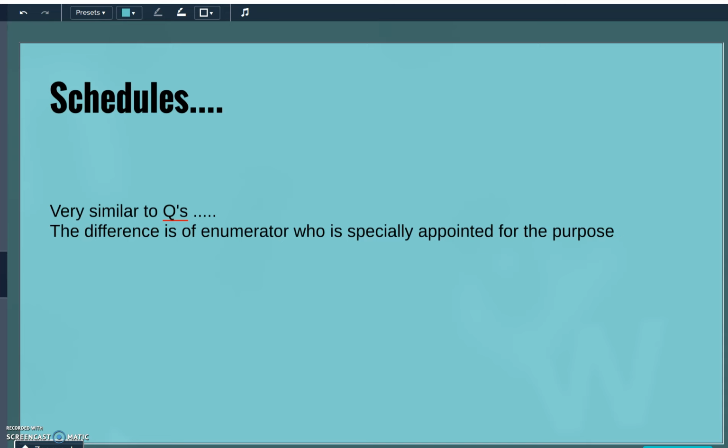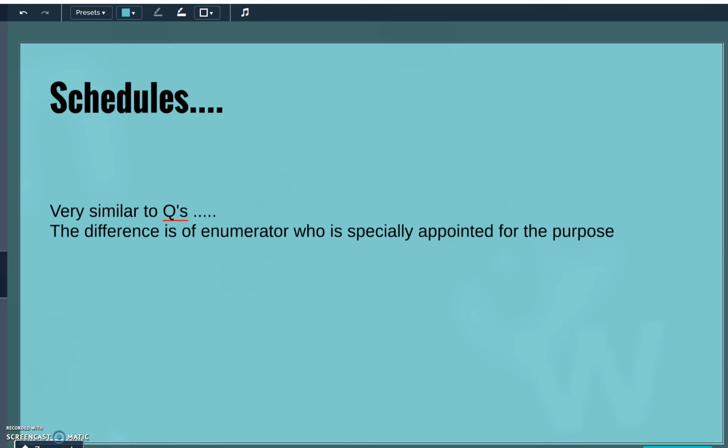The enumerator goes to the respondents, asks them the questions from the questionnaire in the order listed, and records responses in the space provided. Simple. But he must be trained in that case. But this is relatively a more correct way of asking questions.